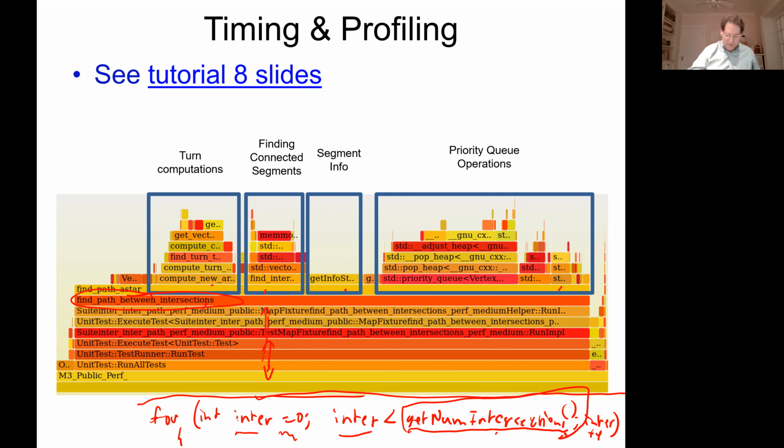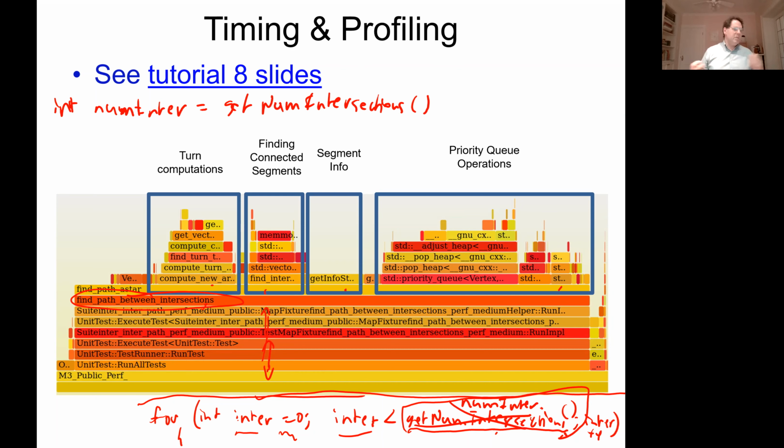So if you actually rewrite this to say, okay, int num inter is equal to get num intersections, and then you get rid of this and basically use num inter, that's actually going to be somewhat faster, because I removed a function call that I was doing inside of a loop, and the compiler's not smart enough to figure out that I don't really need to do this function call every single time.